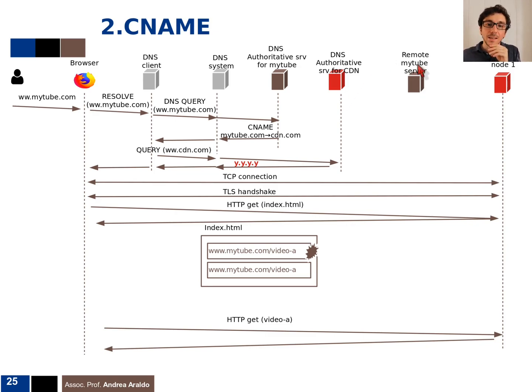So you see that now the MyTube server is not involved anymore. MyTube doesn't have to deal with changing index.html, etc. It doesn't need to do anything. So this technique is easier to use for MyTube, and it's preferred over the previous one.